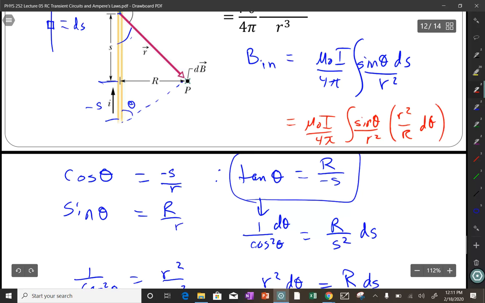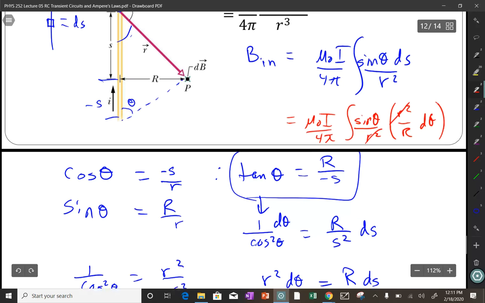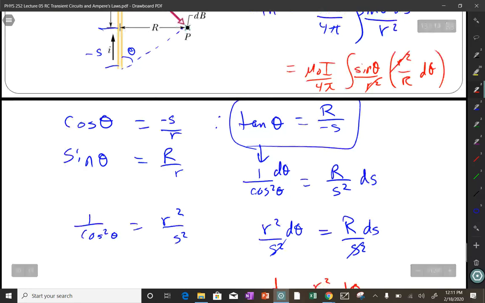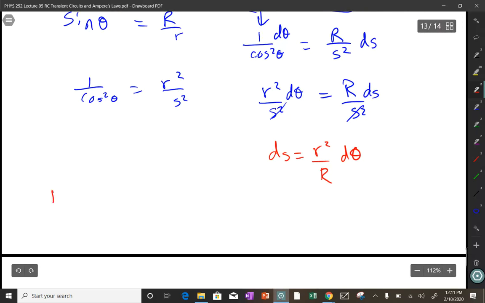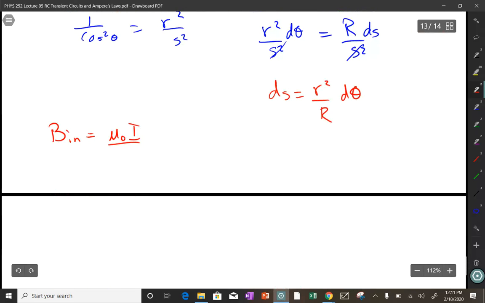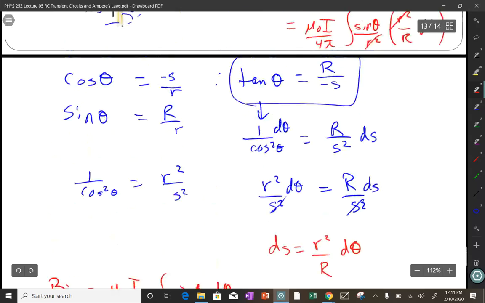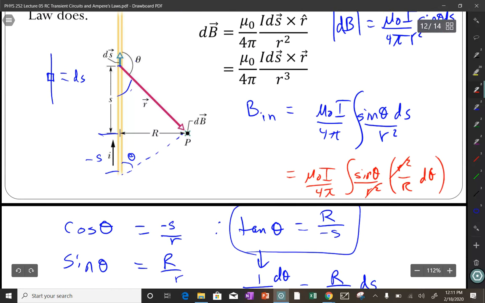now life got easier. Yeah. Because these r squareds cancel. This R is a constant. And so my B in equals mu naught I over 4 pi capital R integral of sine theta d theta from, and what does my angle start at?